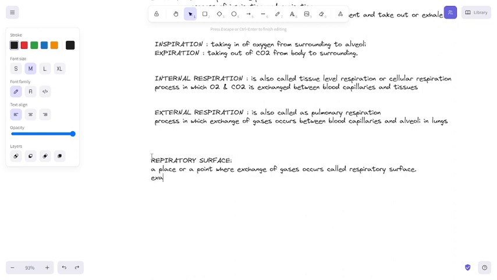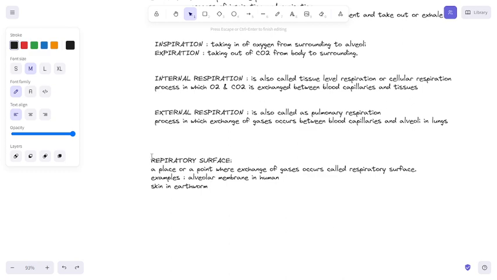For example, alveolar membrane in human, skin in earthworm.